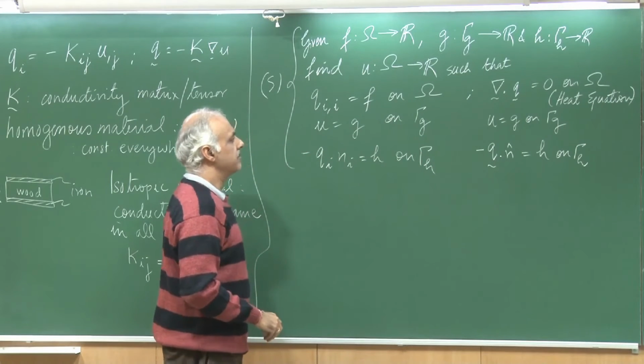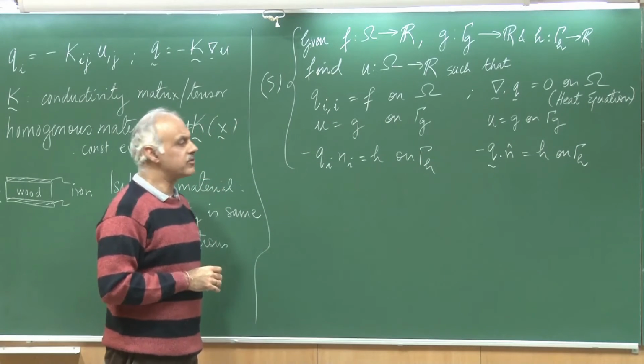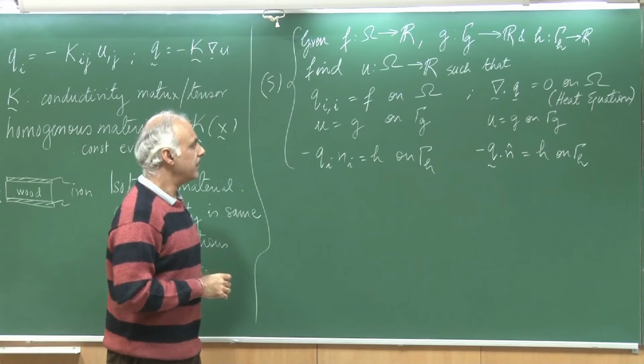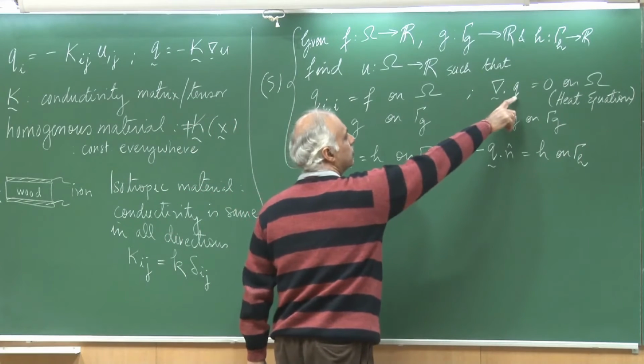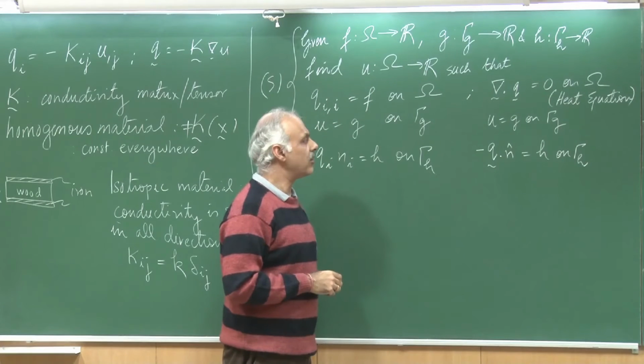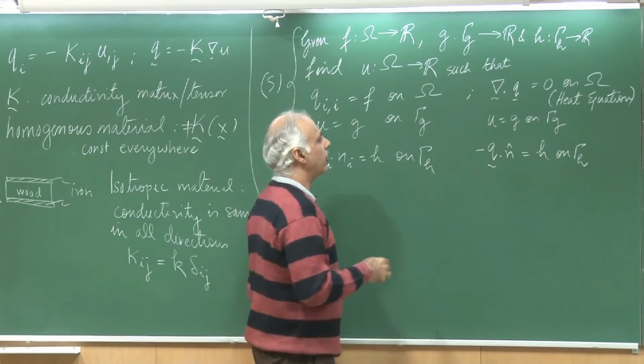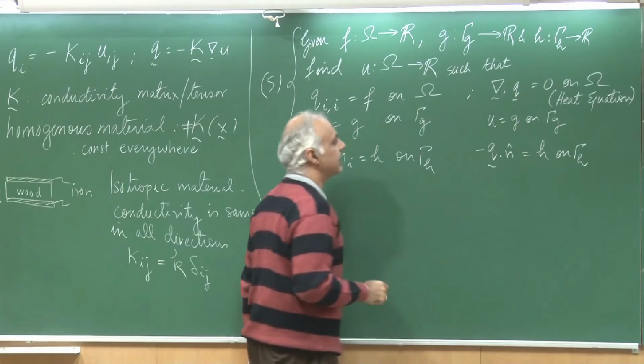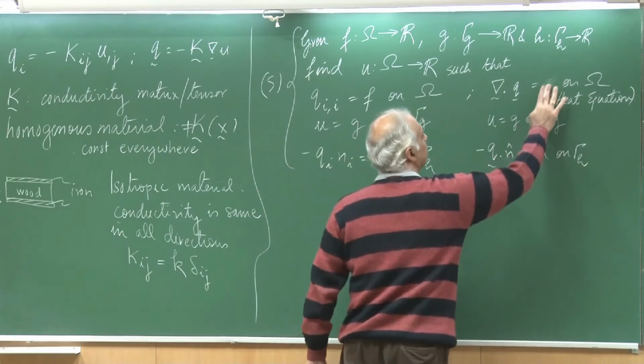Okay? So, I have now shown you the strong form of the problem. You will very well notice that q is related to the temperature field through the Fourier's law, and it already has a derivative in it. So, this equation would actually, I am sorry, this is not 0, this is f.